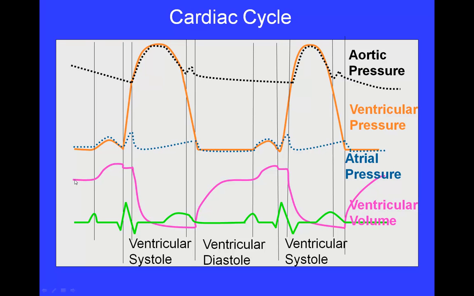This lilac or purple, I'm kind of colorblind, line is ventricular volume, and that goes up, goes down to a stable period, which we'll talk about, and then drops during systole when we're ejecting blood. And last but not least, in the lime green, we've got the electrocardiogram. So it's the P, the QRS, and the T wave that we're looking at when we investigate what's going on there.